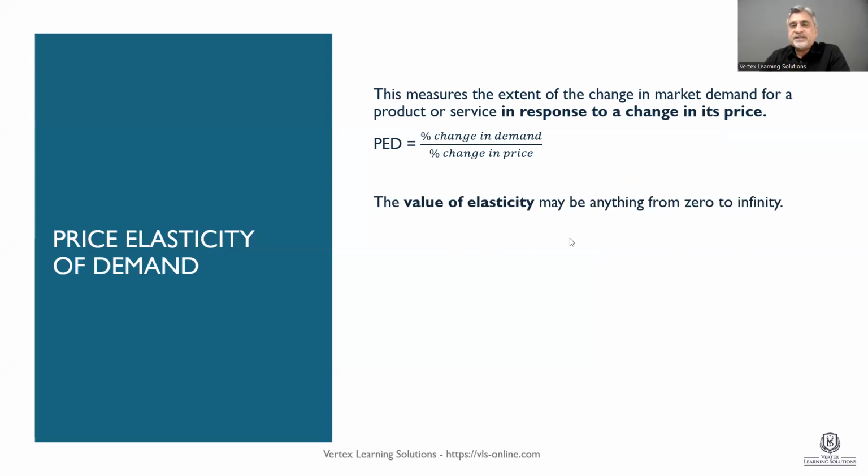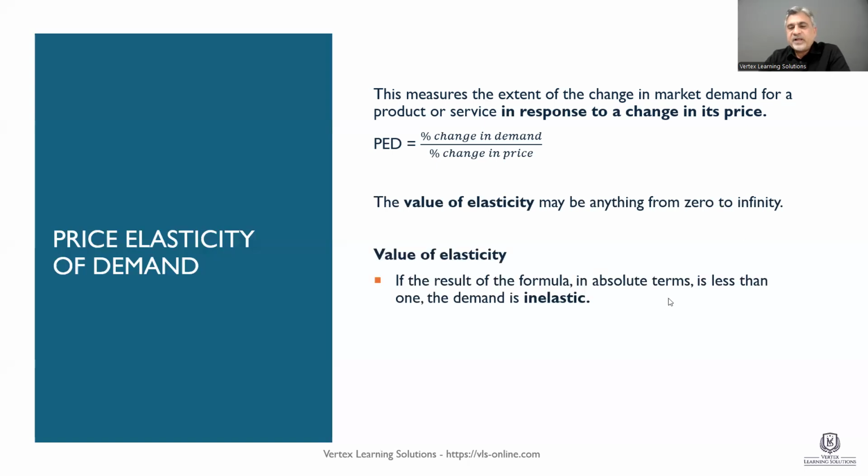The value of elasticity may be anything from 0 to infinity. It cannot be less than 0. If the result of the formula in absolute terms is less than 1, the demand is inelastic. If your PED answer comes less than 1, the demand is inelastic, which means demand changes less, or a bigger change in price will cause a small change in demand.